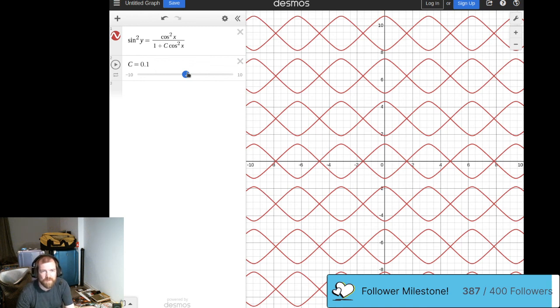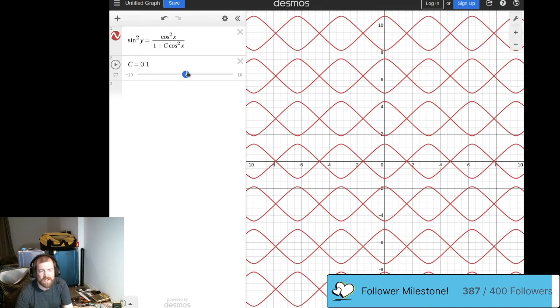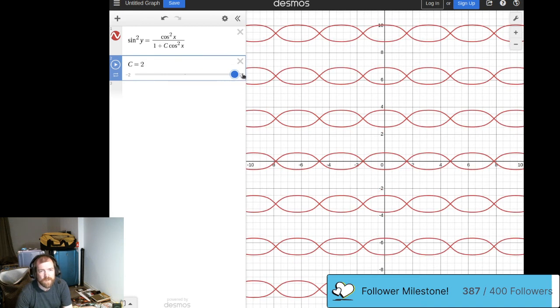Nice. Interesting. At this point they're almost straight in the middle, and then they very sharply turn at each of the edges. So if we make this go from -2 to 2, we have this at 2.